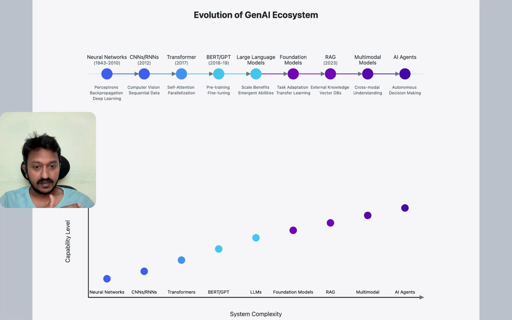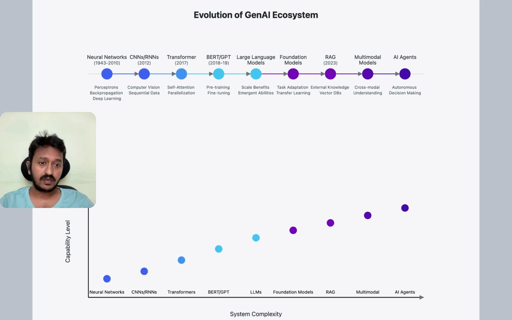And then the RNNs, recurrent neural networks, handled sequential data like text and time series, right? They laid the groundwork for language processing. So these specialized networks were like giving AI specialized senses, that is vision and memory. That's what CNNs and RNNs made possible.